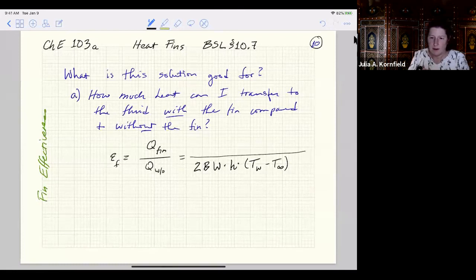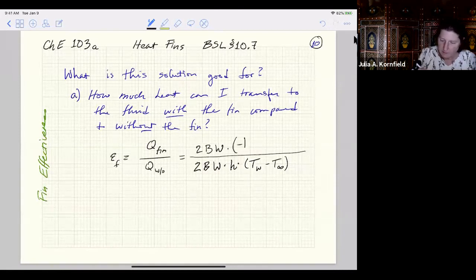And then in the numerator, we have the flux through the base. The base has the same area, 2bw. And the flux is given by Fourier's law, so we have minus k dT/dz evaluated at z equals 0.